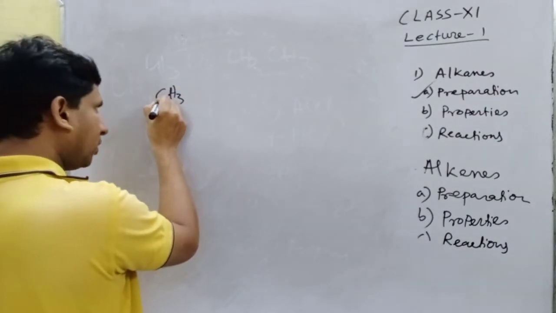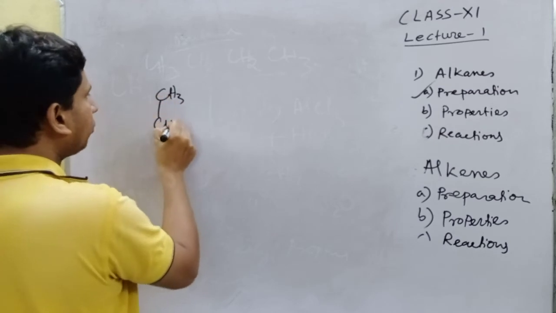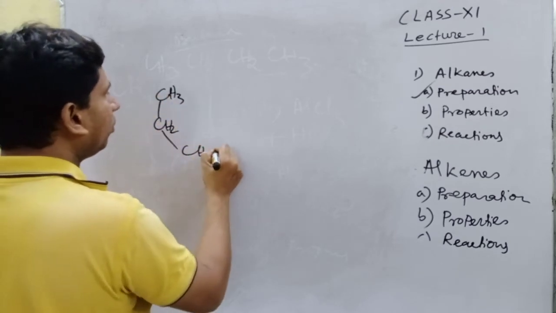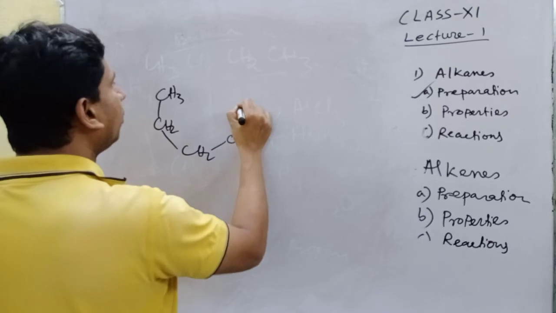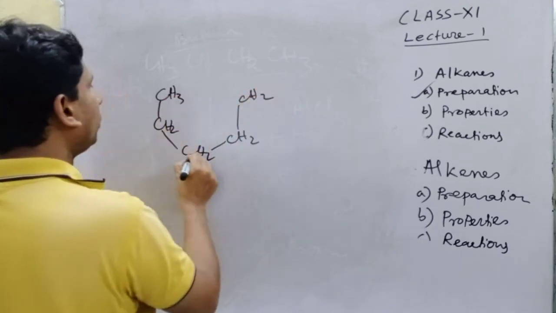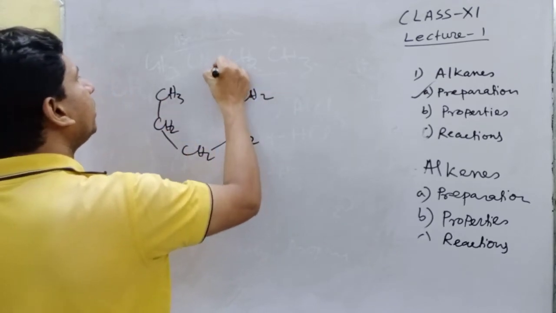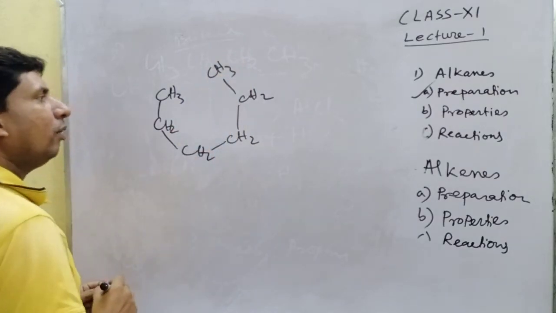Now let us say CH3, CH2, CH2, CH2, CH2, that is 1, 2, 3, 4, 5, then CH3. Then what happens?